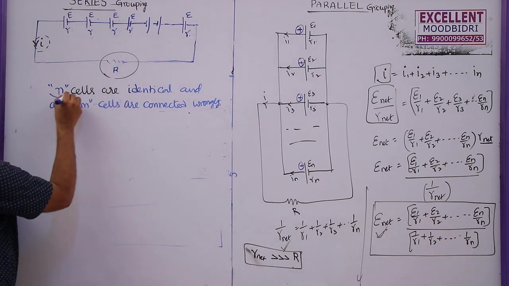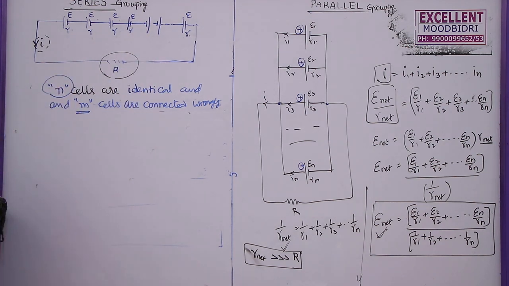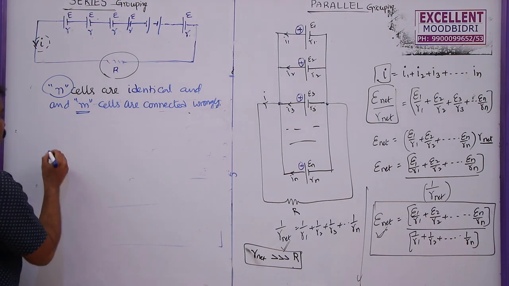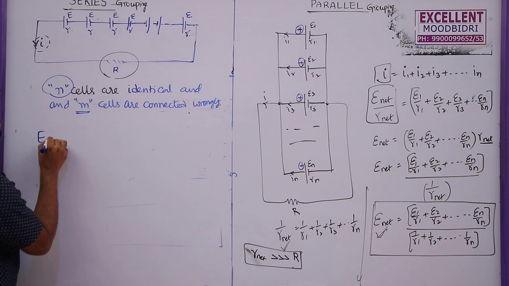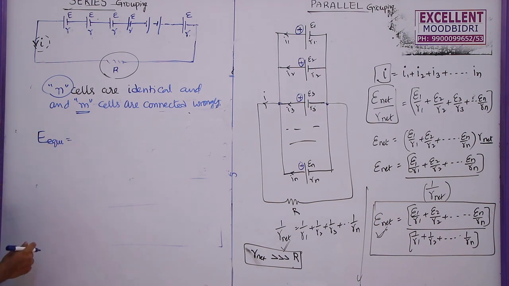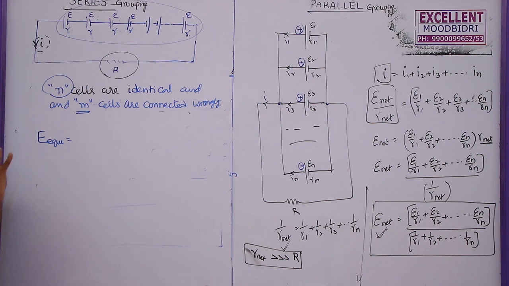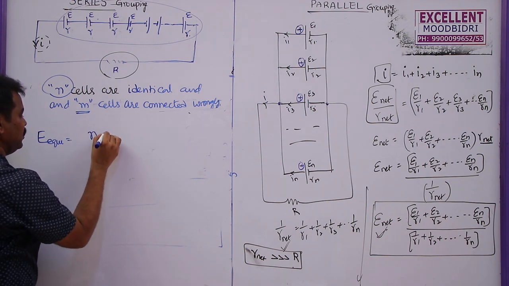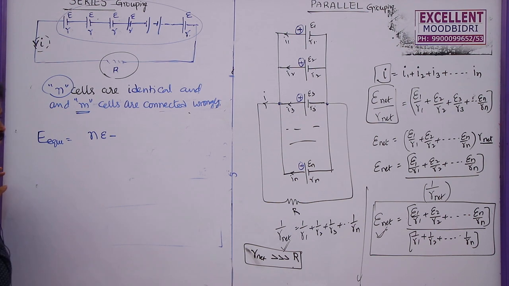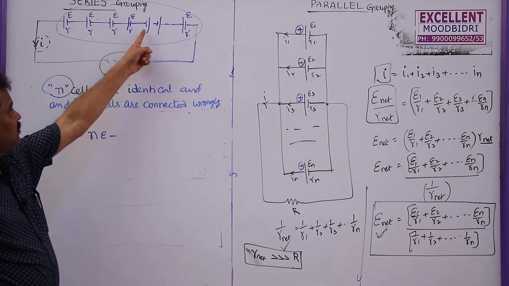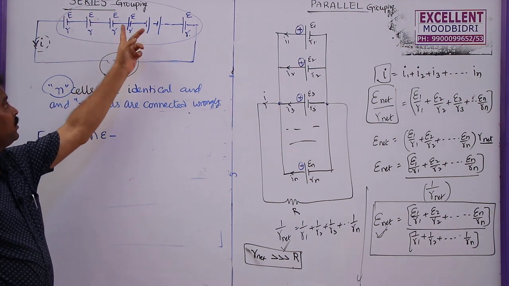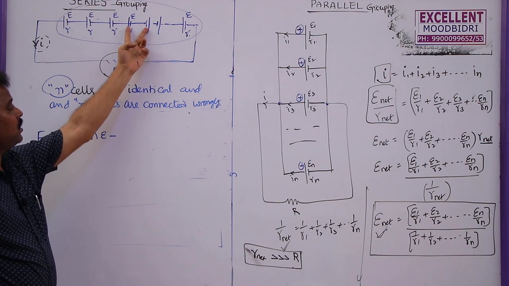Let us say out of n cells, m cells are connected in the opposite polarity or opposite sense. Now, what is the equivalent EMF of this combination? Total EMF of this combination when they are connected in the same sense is equal to nE minus, if one of the cells is connected wrongly, the effect will be seen in case of two cells.